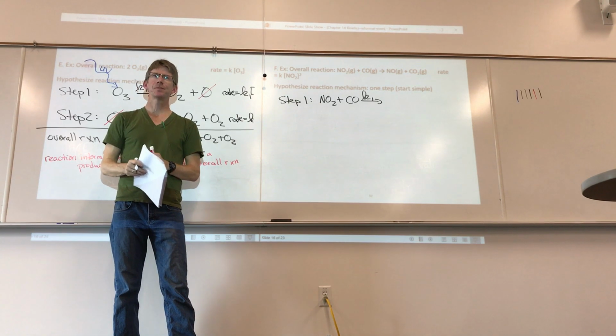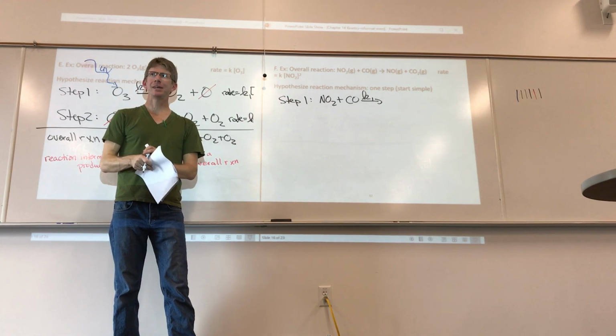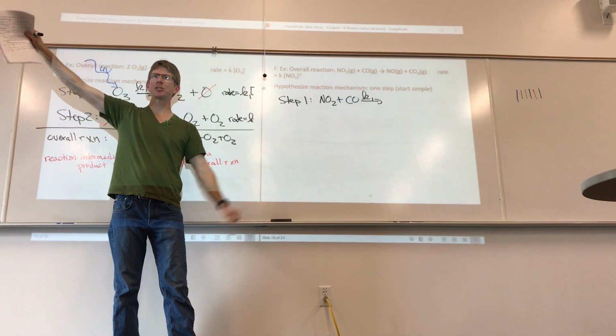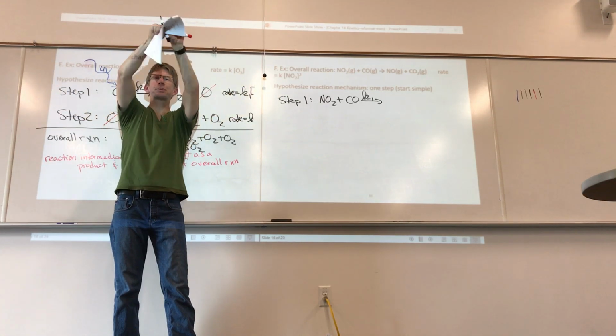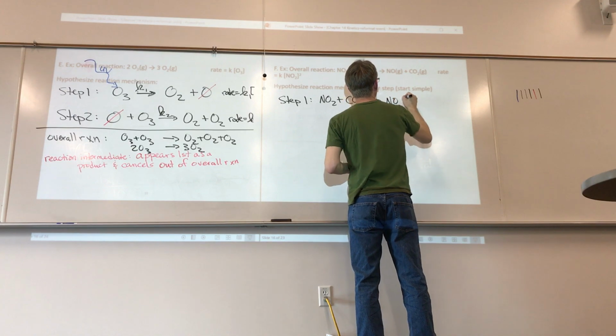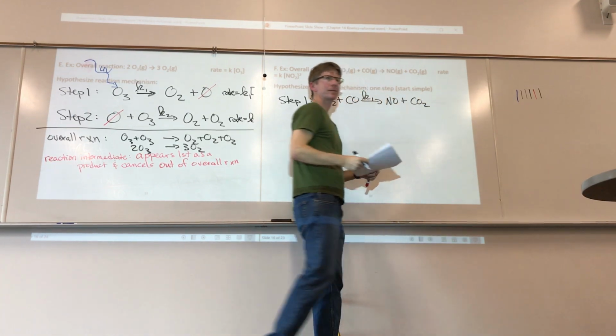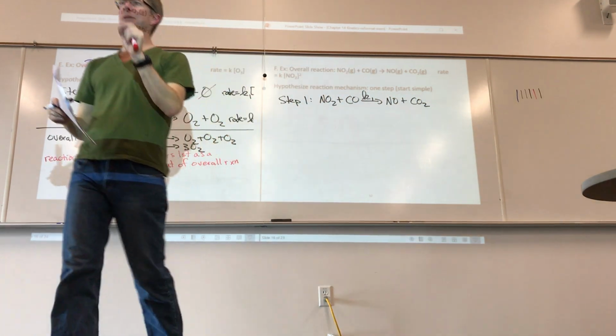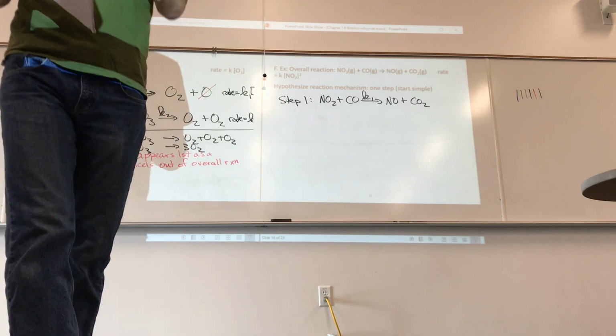NO2 plus CO. In this process, NO2 is colliding with CO and making these two. Because it's a step in a reaction mechanism, we can write a rate law from it.